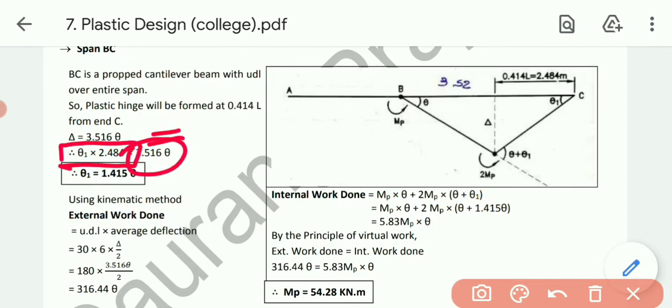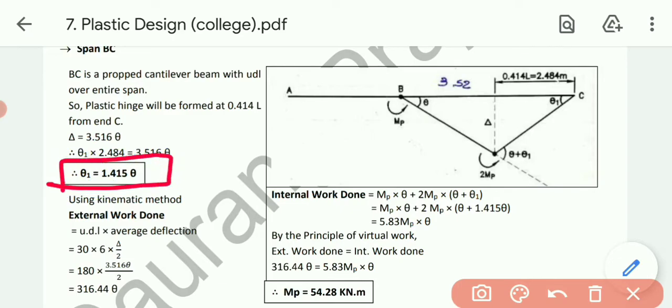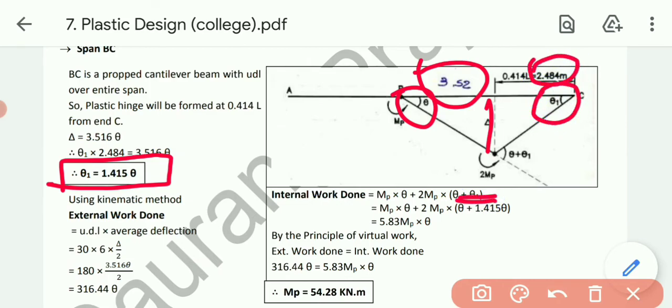So I will get the relationship from this: theta 1 equals 1.415 theta. What I have done is this one into theta equals this one into theta 1. So I got the relation between theta 1 and theta.